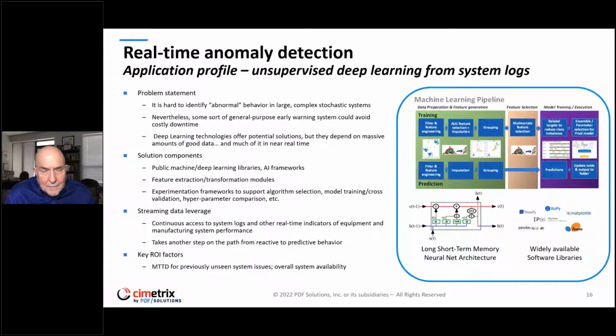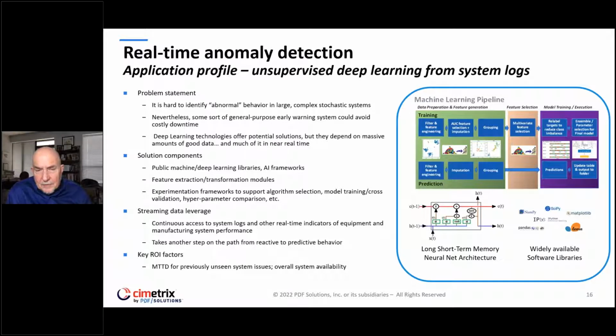And again, these are the kind of systems that you can never do a closed form description of. They're just far too complex. The behavior varies, based on events of the day or different manufacturing problems, but there are patterns of what's considered normal behavior.